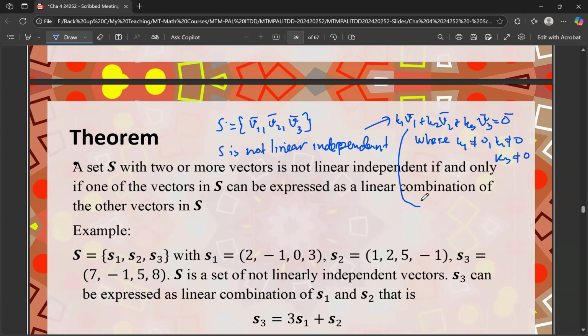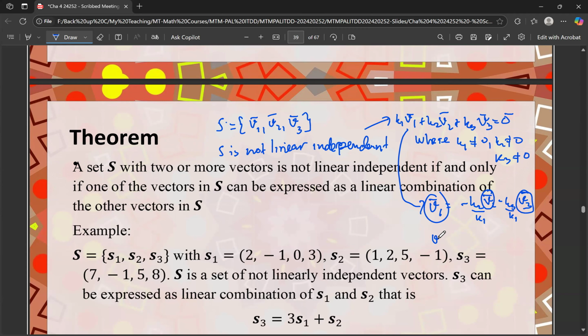It means that we have v1 equal to minus k2 v2 minus k3 v3, divided by k1. So v1 can be expressed as a linear combination of v2 and v3.